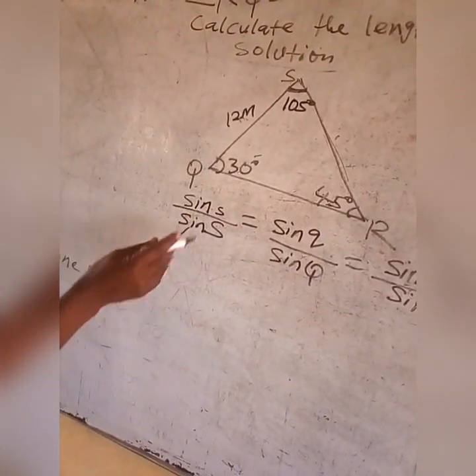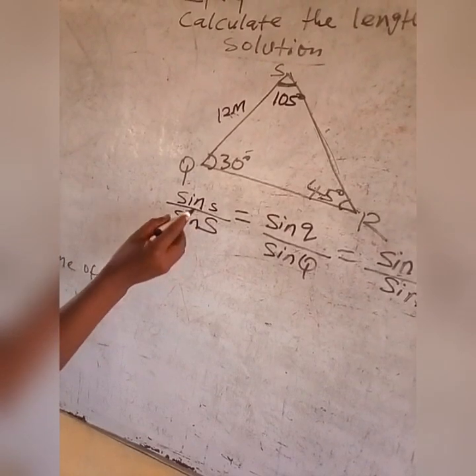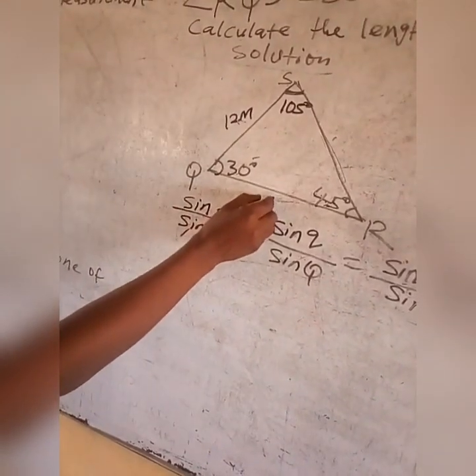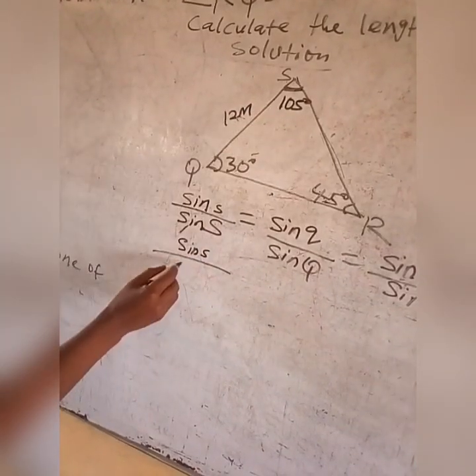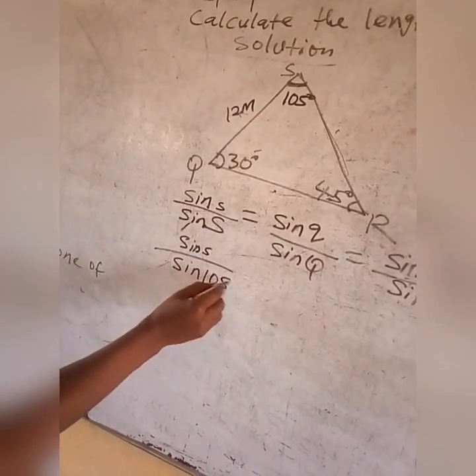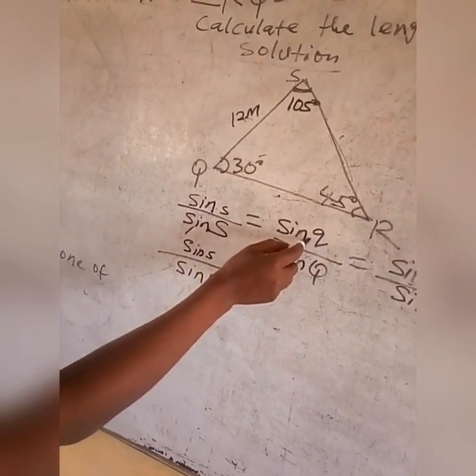Now let's state it so that I know the one I will use and the one I will not use. Small s is not given, so that one is empty, and the big angle S is 105.